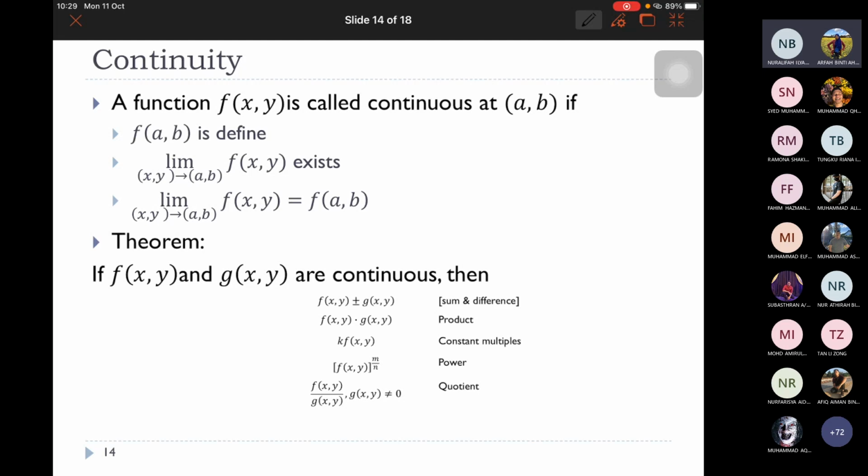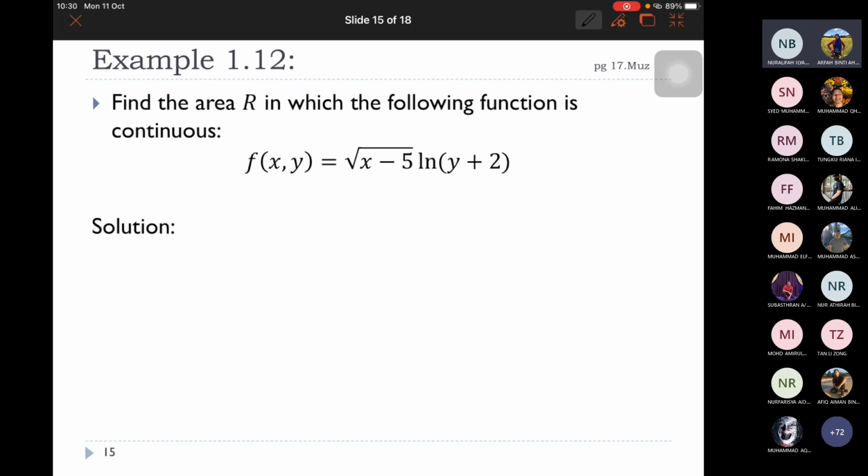Then f divided by g akan menghasilkan nilai we call the quotient of the functions dengan syarat g tidak sama dengan kosong. Okay. Kita akan ada product theorem, constant multiple theorem, power theorem as well as quotient theorem. So kalau f dan g adalah continuous, then the product, constant multiple, power and quotient of the two functions are also continuous.